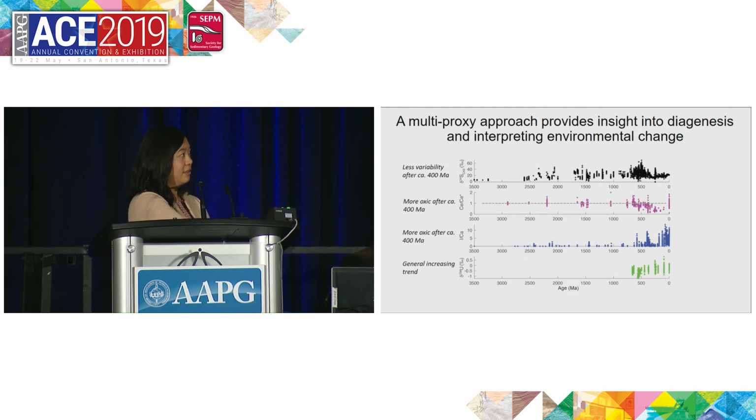Okay, so let's turn back to the first-order trends that I pointed out at the beginning of my talk, where I posed the question, how much of this can be attributed to diagenesis versus an actual change in seawater oxygenation? And I think with the model framework, we can start to actually evaluate this a bit more carefully and critically. So for example, we learned that meteoric diagenesis would result in lower iodine-calcium ratios.